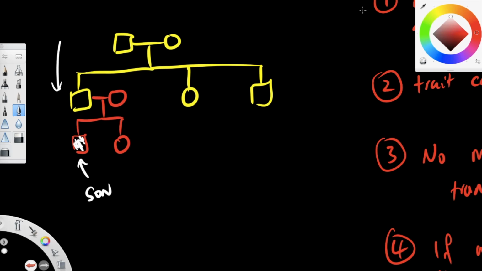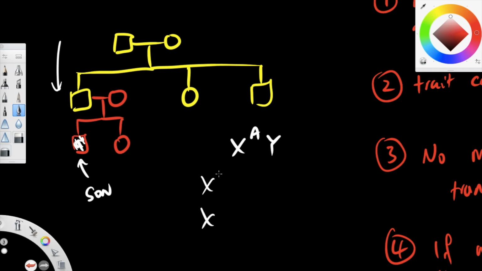So let's explore. Since this is X-linked recessive, is this possible? Since it's recessive, the genotype of the father must be capital A. And why is this the case? Because if the father has the little a allele, then he would be affected because it is X-linked recessive, and he only has 1 X chromosome.